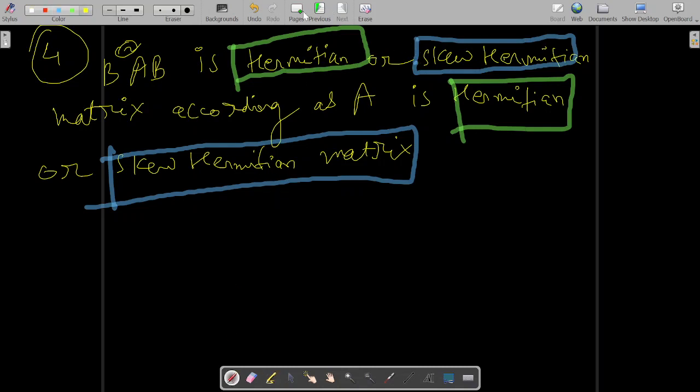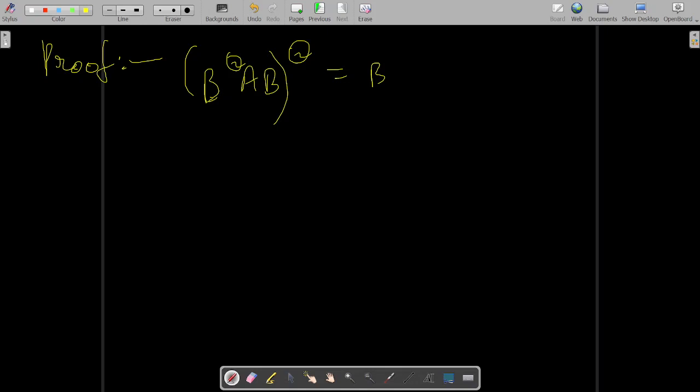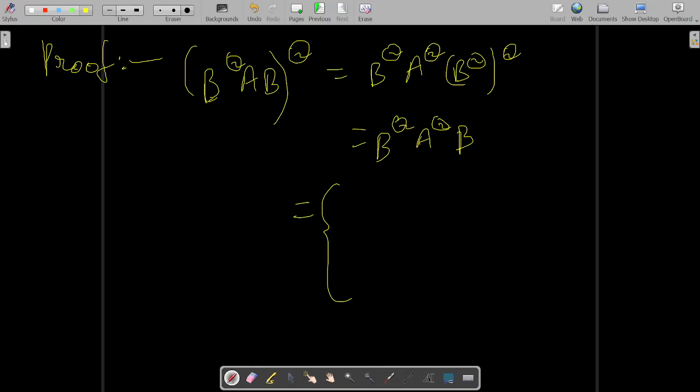So let us write the proof of this. B conjugate AB, again its conjugate, will be equal to your B conjugate A conjugate B. Now clearly from here two conditions arise.